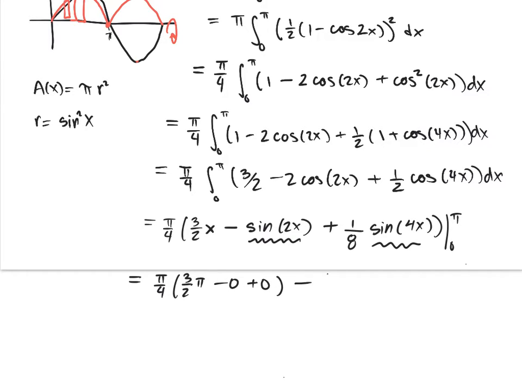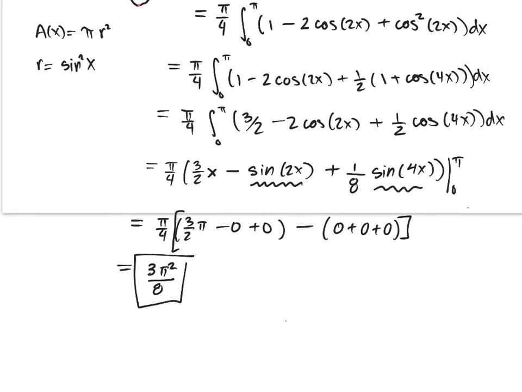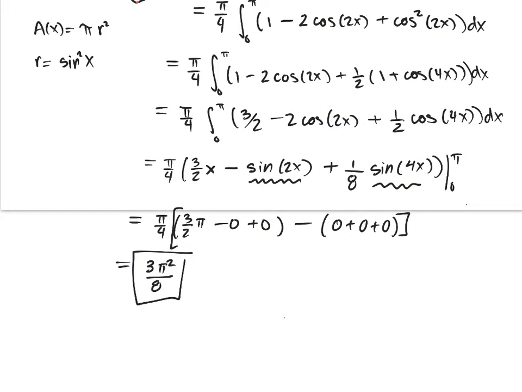What about when you plug 0 into all the remaining functions? All zeros. So we end up with 3 pi squared over 8. Wasn't so bad, right? Just a little tedious.